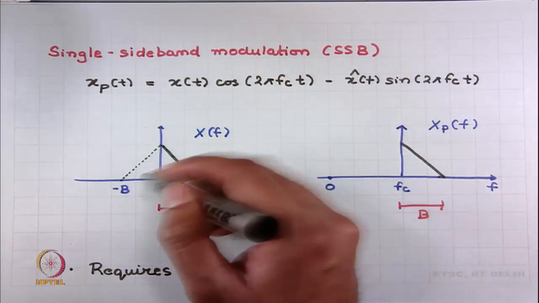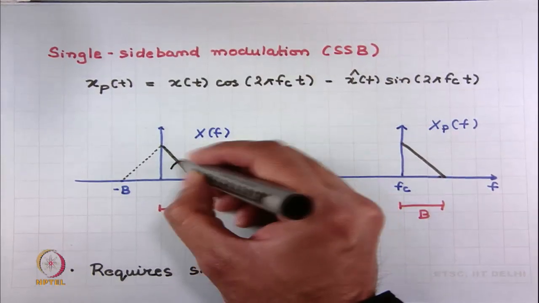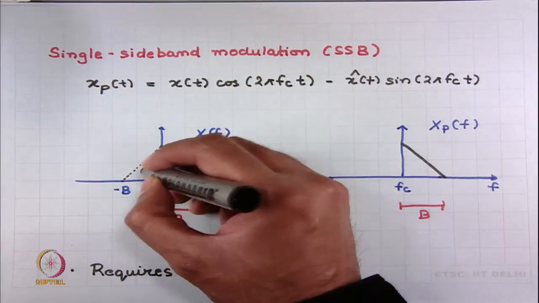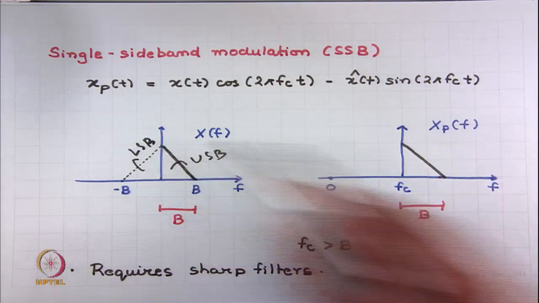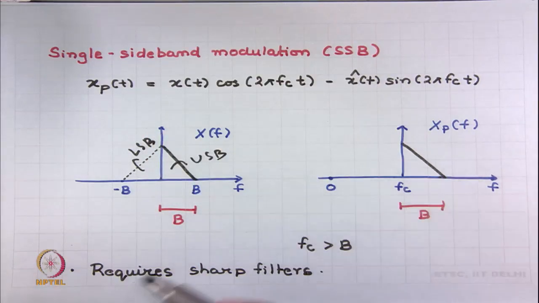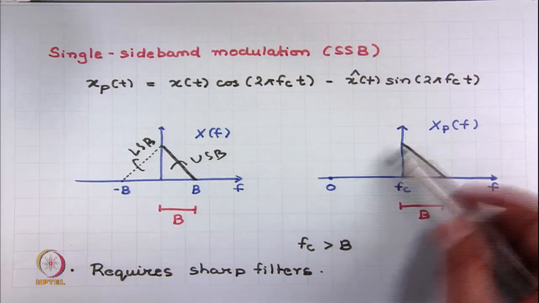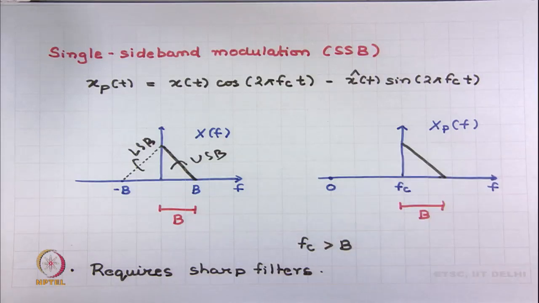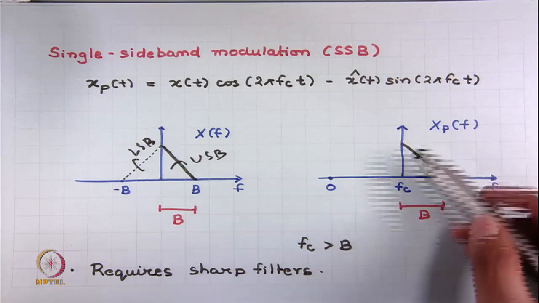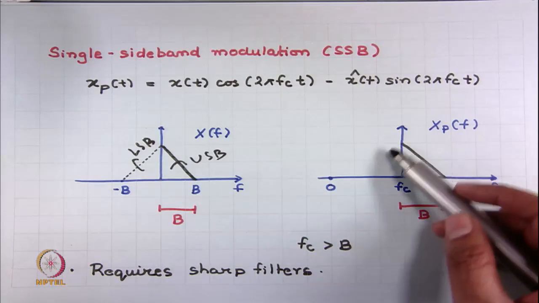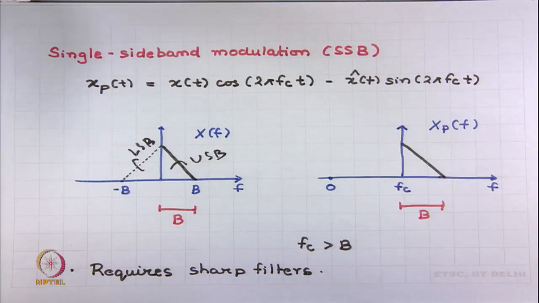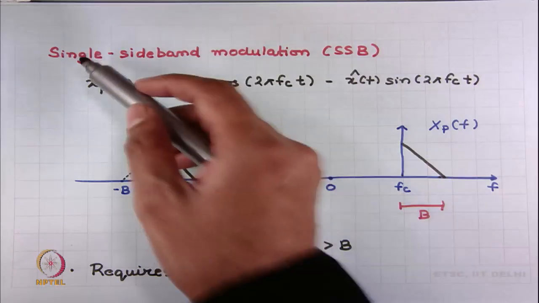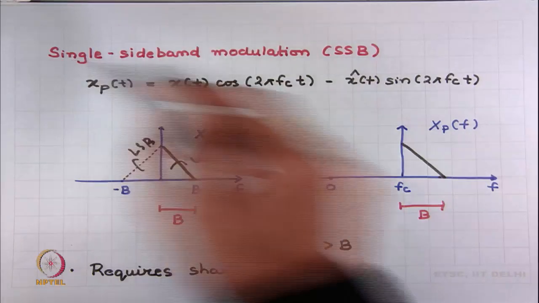This is a double sideband signal because it has an upper sideband and a lower sideband. When this signal is converted to a passband signal, the lower sideband gets clipped off. So, what we end up with in passband is only one sideband, and this is the idea behind single sideband modulation.